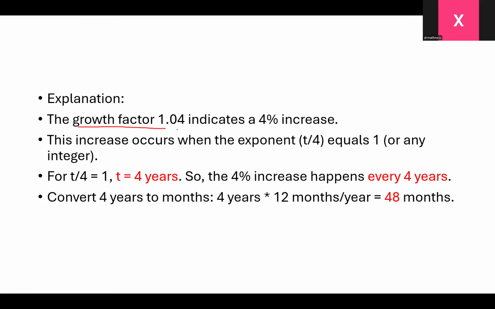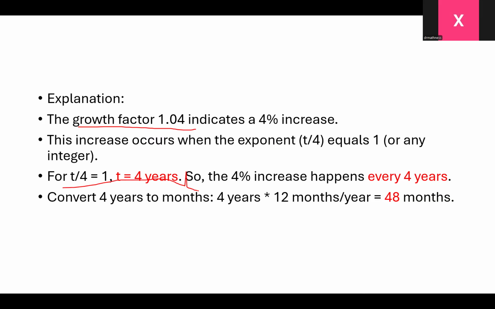So the growth factor is 1 plus 4%. It is 1.04. It indicates a 4% increase. So such an increase occurs when the exponent t divided by 4 equals 1, right?